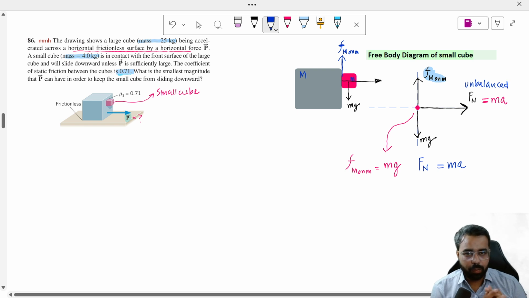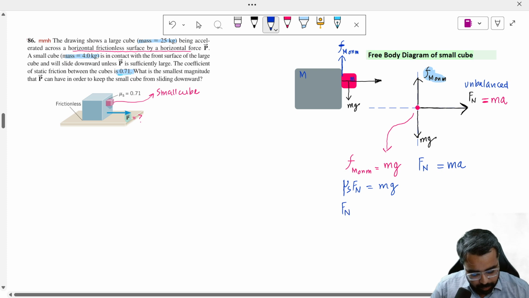Now what is the general formula of the friction force? Everybody knows that it is mu s, the coefficient of static friction, times the normal force, Fn. The frictional force applied by the larger cube on the smaller cube is equal to mg. From here, can we find the normal force? The normal force will be equal to mg over mu s.